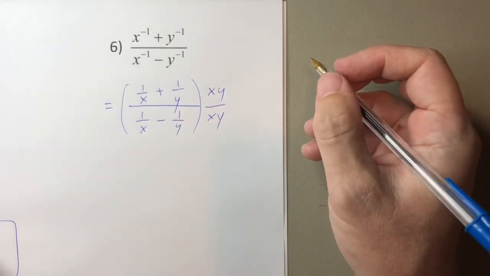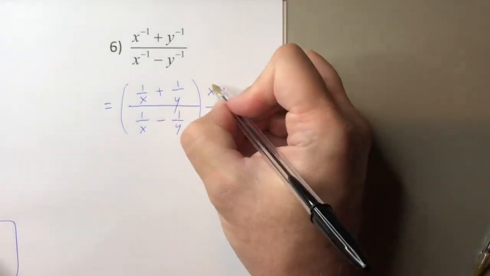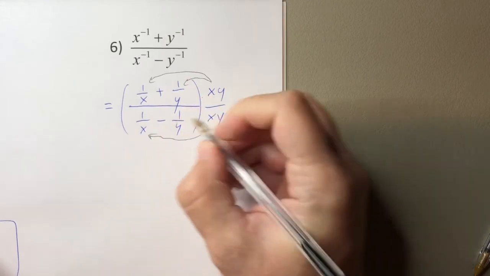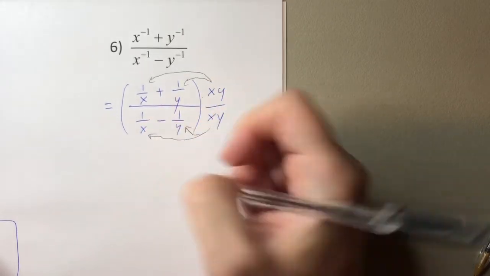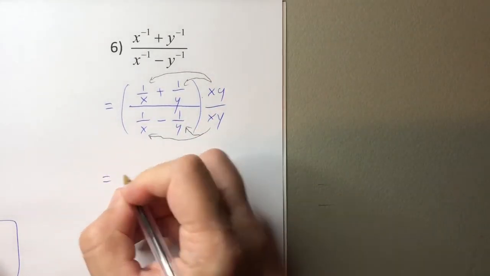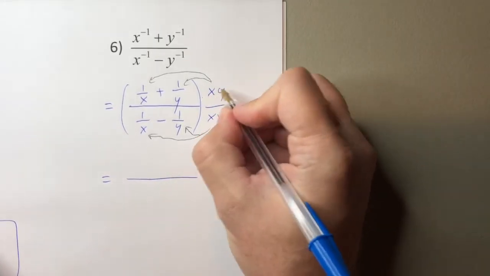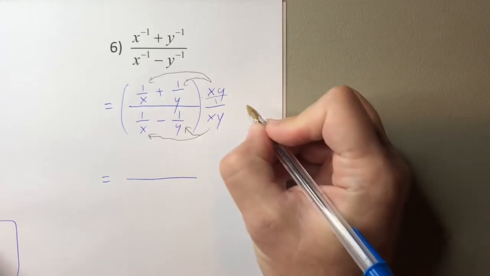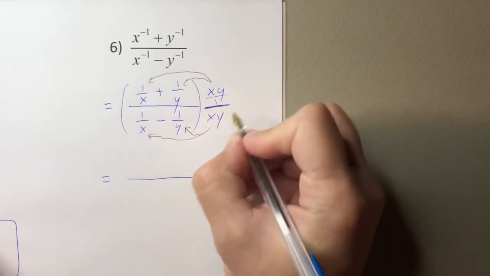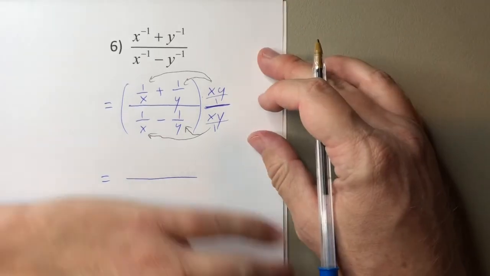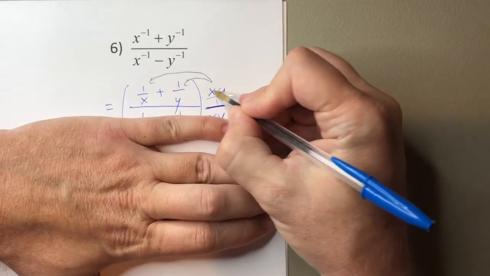Okay, so what we have to do is, in essence, distribute this XY through every one of these 4 parts. And again, understand this really means, guys, XY over 1 divided by XY over 1. That's what it really means. I'm telling you that so you remember that this is in the numerator.